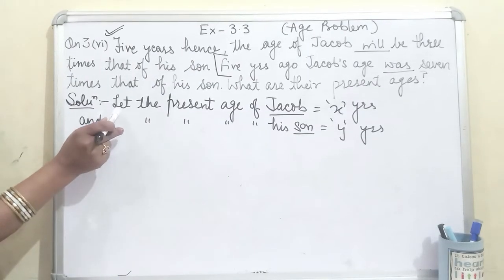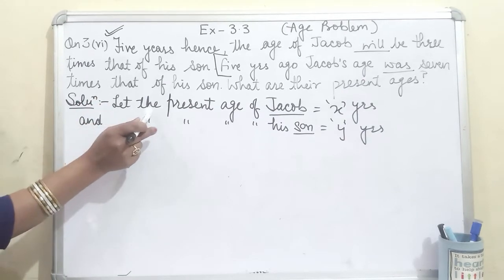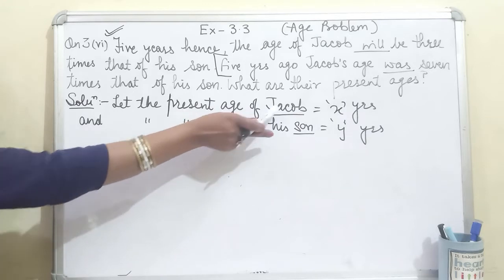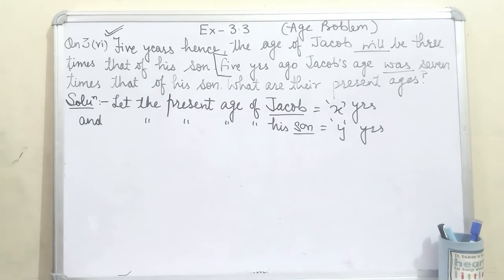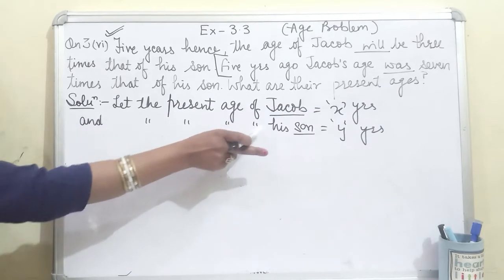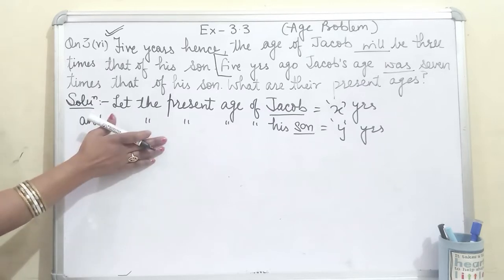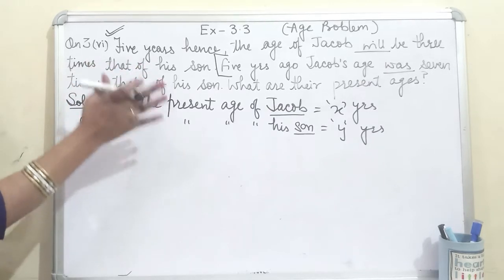So now we have supposed here the two things. Let the present age of Jacob be X years and the present age of his son be Y years. So what we have supposed here? The present ages.